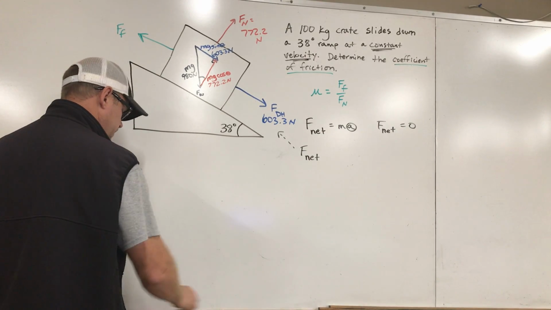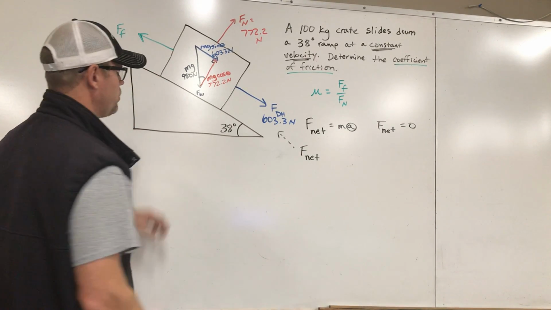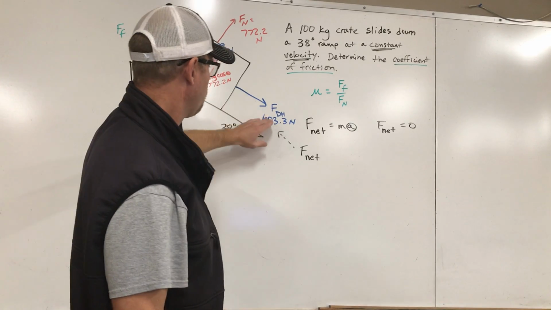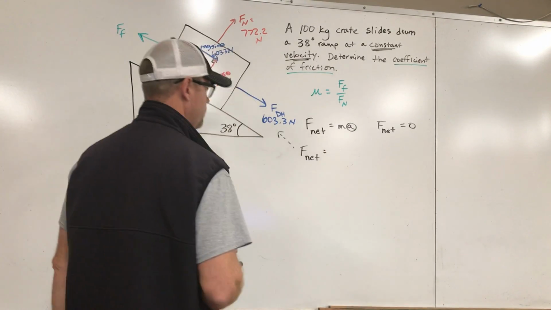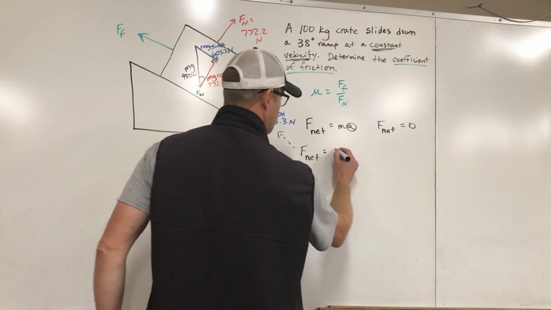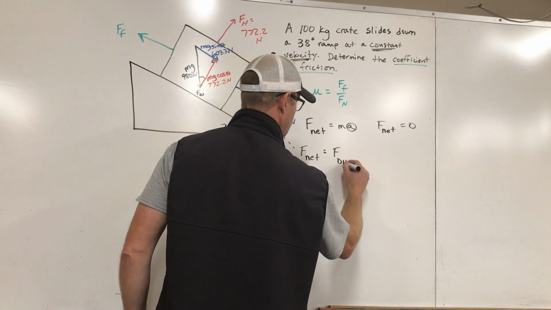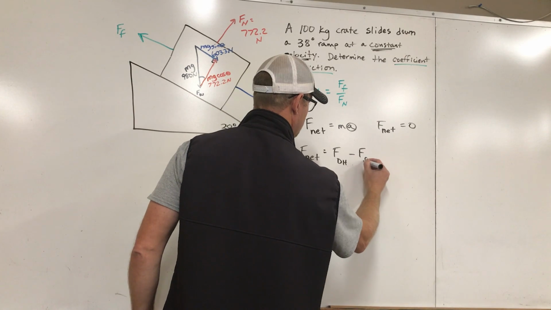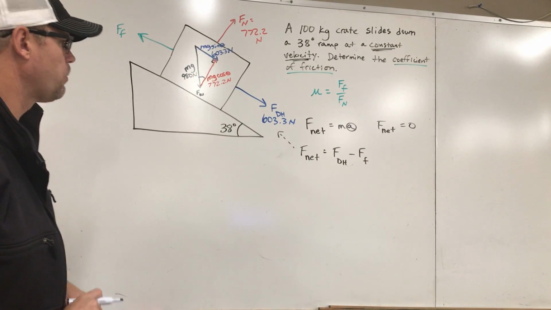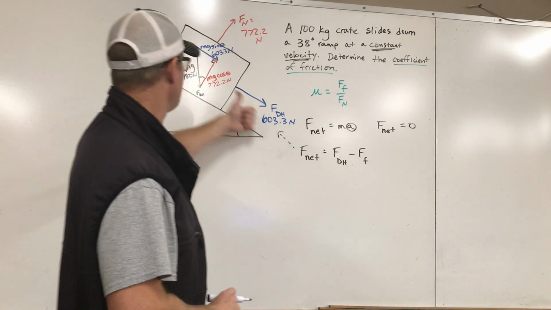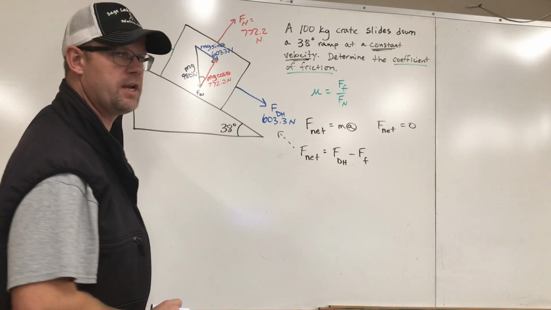This situation is different from a lot of other ones, but I'm just going to describe this situation. What I'm going to say is that the net force is going to be equal to the downhill force minus the frictional force. Now, there's lots of ways you could write that. Most people would write the downhill force plus the frictional force, and then make the frictional force a negative value.